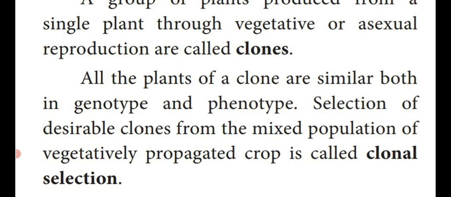Dear students, I hope you all understood what the green revolution is, and how to introduce newly formed plants from one place to another place. Dr. Norman E. Borlaug is known as the father of the green revolution. Dr. M. S. Swaminathan is known as the father of the green revolution in India.